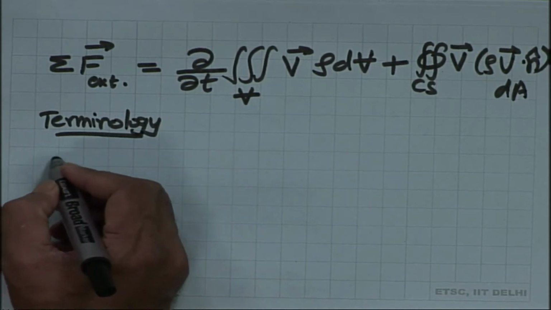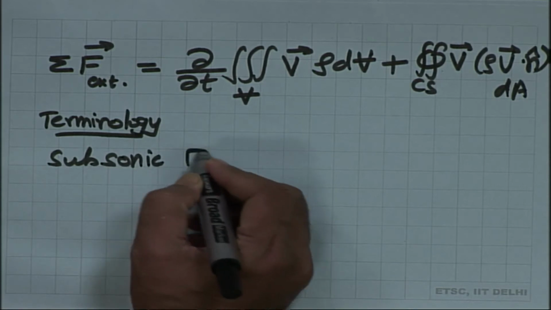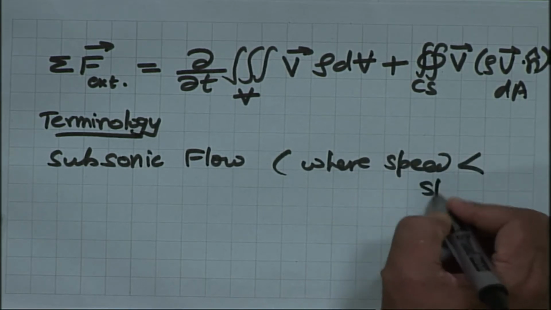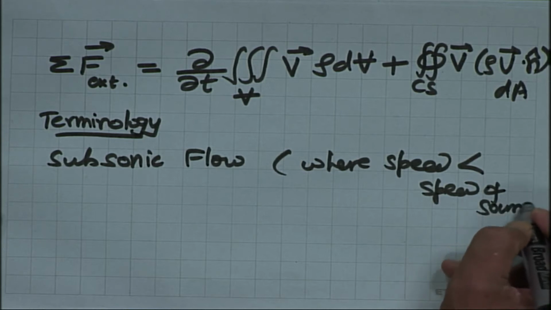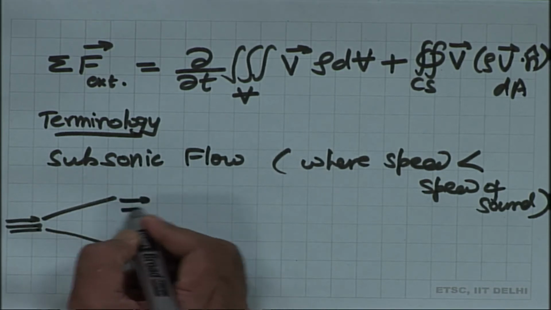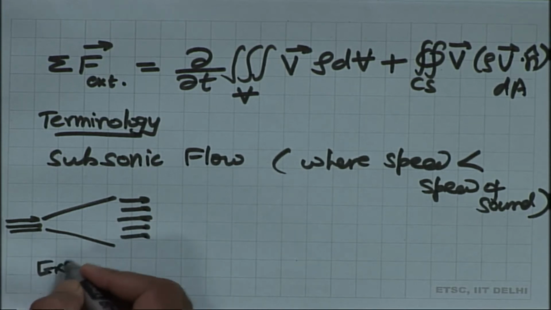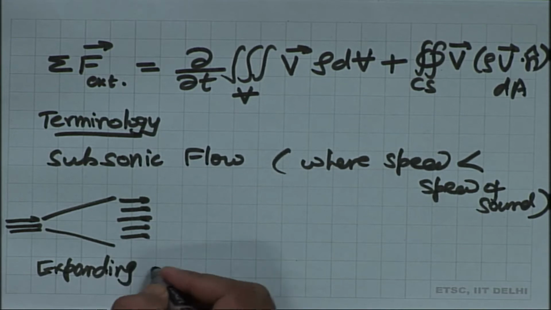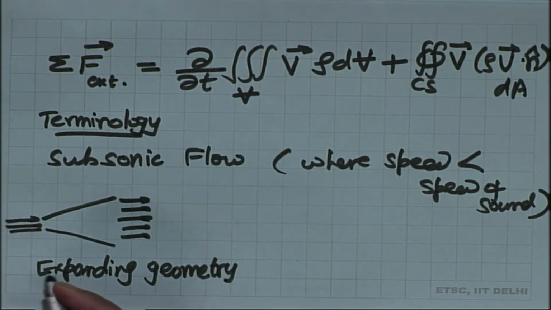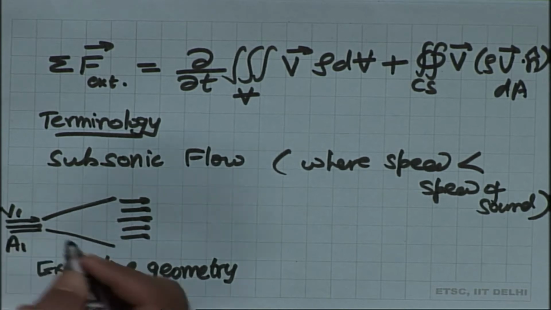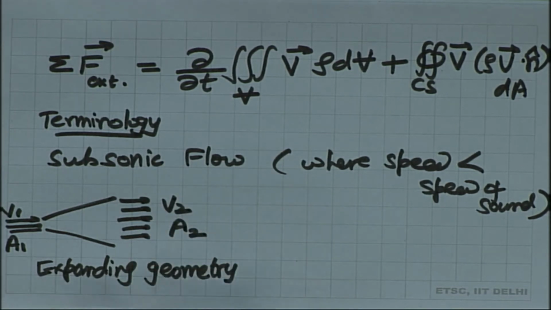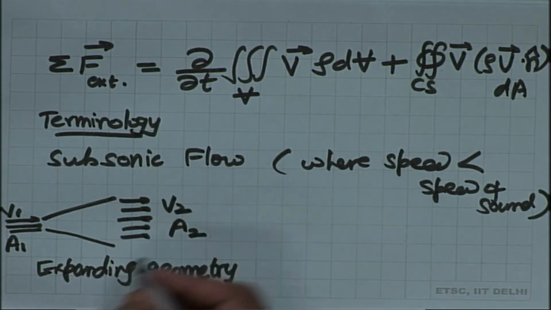If I am looking at subsonic flow, that means flow where speed is less than speed of sound, and there is a geometry like this, an expanding geometry, where velocity at the inlet is V 1, area A 1, and velocity at the exit is V 2, area is A 2, and this is an expanding geometry.